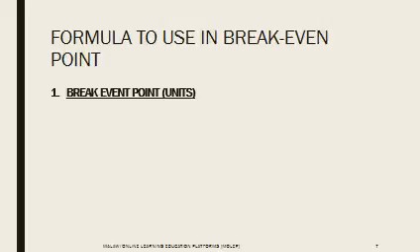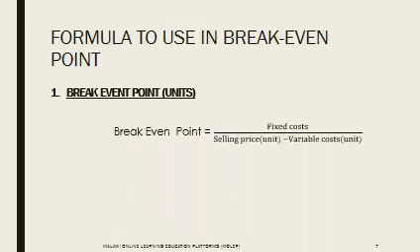So this can be calculated as: break-even point in terms of units is equal to total fixed costs, which we were discussing, divided by the selling price per unit minus variable cost per unit. Again, not total variable cost but variable cost per unit. So this formula is used to calculate the amount you need to produce in order not to make profits or losses.